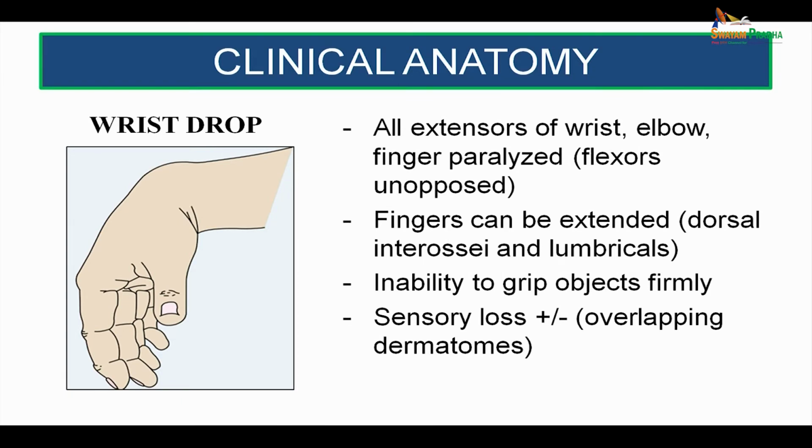The fingers can be extended to some extent because of the coexisting action of the dorsal interossei and the lumbricals. The patient is unable to grip objects firmly, and the sensory loss may or may not be present because of the overlapping dermatomes, even though there is a certain degree of sensory supply to this region.